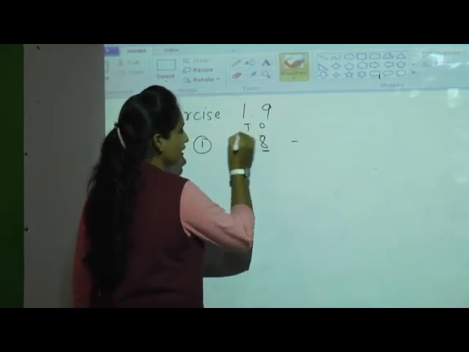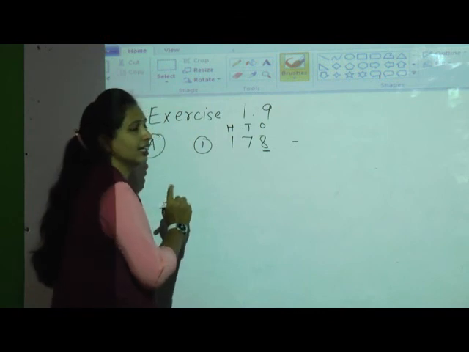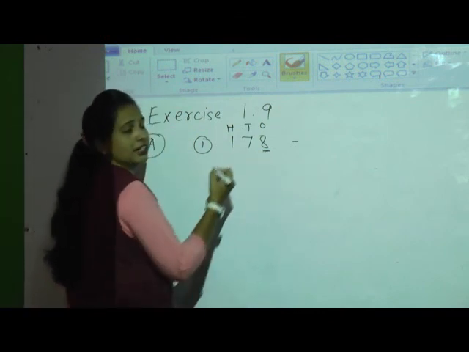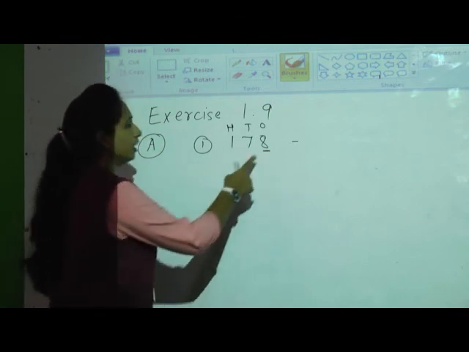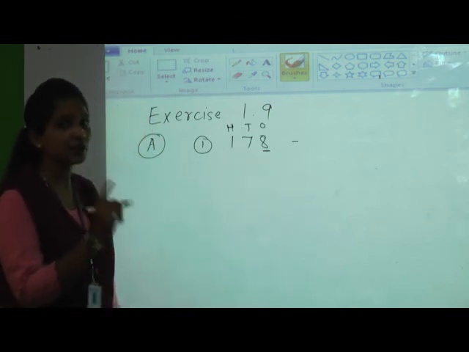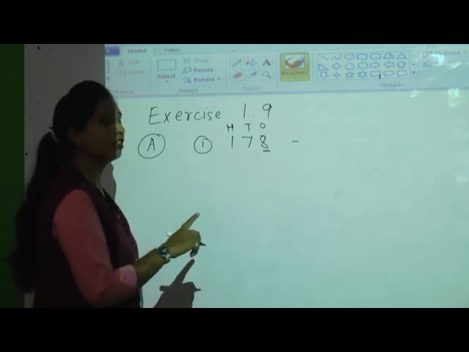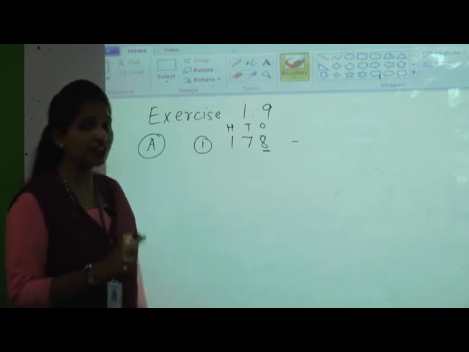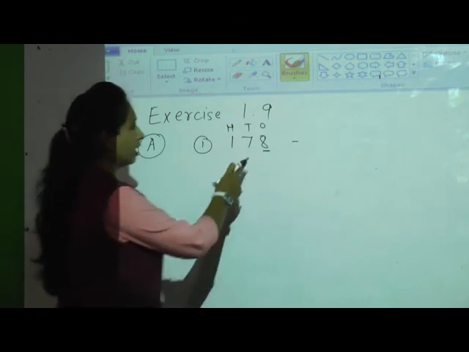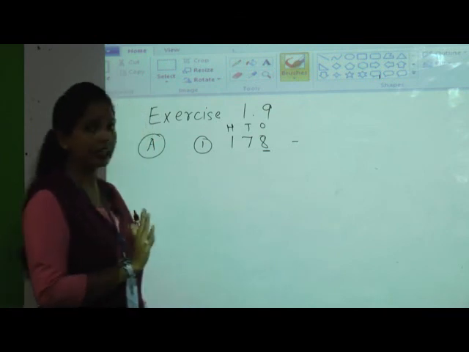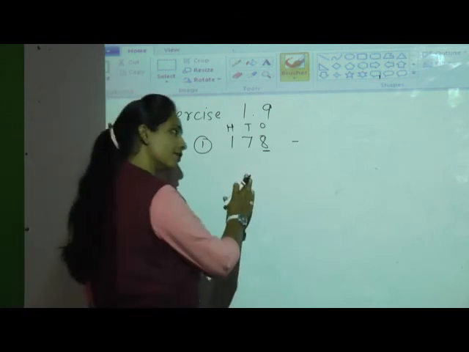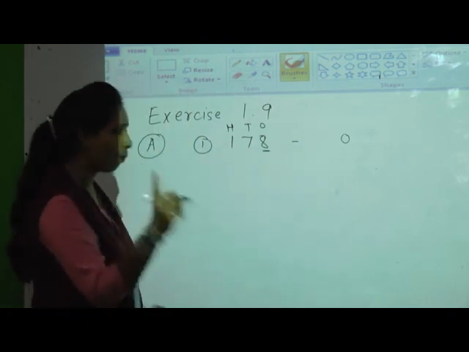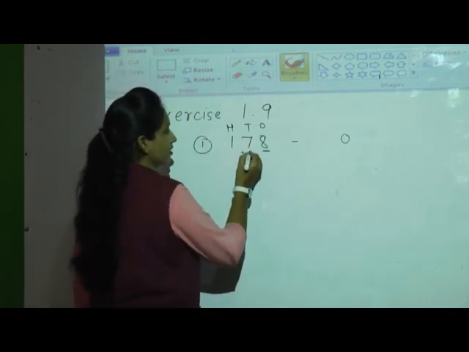First give the place values: ones, tens, 100. It is round off to the nearest tens. So look at the digit at the ones place. What is it? 8. If it is 4 or less, we have to place the 0 without changing the tens place. But if it is 5 or more, and of course here 8 is there, it is more than 5. So we have to place the 0 at ones place, but we have to add 1 to the tens place.